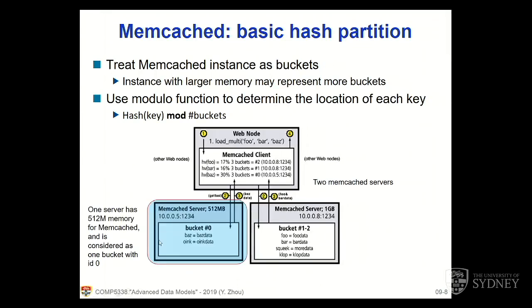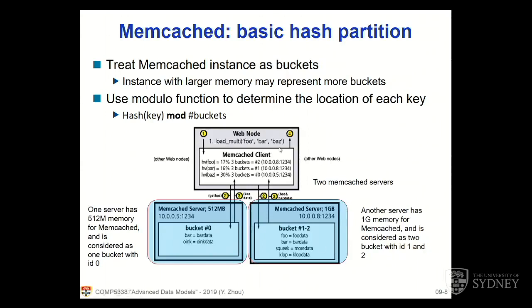One server doesn't have a lot of free memory, so we consider it as containing only a single bucket, with ID 0. The other server has a little more memory to be used by memcached, about 1 gig, so we consider this server as having 2 buckets, with IDs 1 and 2.